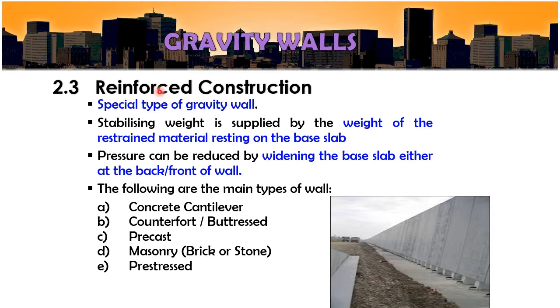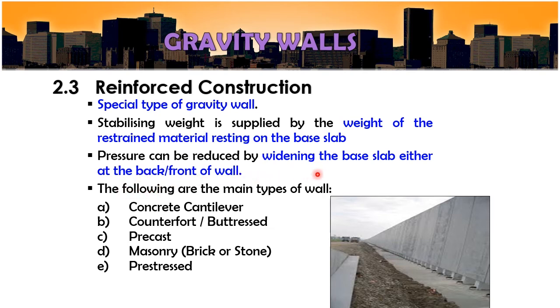For the third type of gravity wall, we have reinforced construction, a special type of gravity wall. The stabilizing weight is applied by the weight of the restrained material resting on the base slab. So the materials that we want to restrain will be placed on the base. So it helps to stabilize the walls.